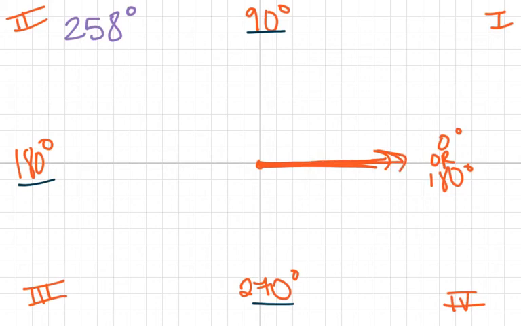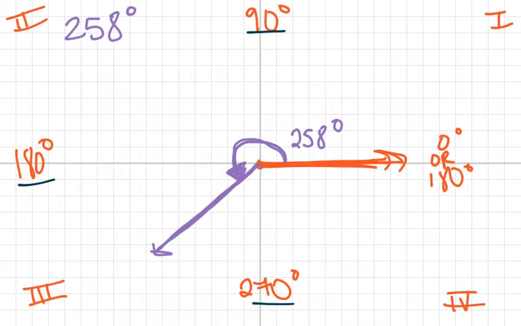Let's not forget it starts here, but it will end over here. So this goes from here and we're going in the positive direction. This is a positive angle, so our angle goes in this direction. All right, this is the angle that we label as 258. It's more than 180, so it looks like it's bent back a little bit, right? So this is our 258 degree angle.